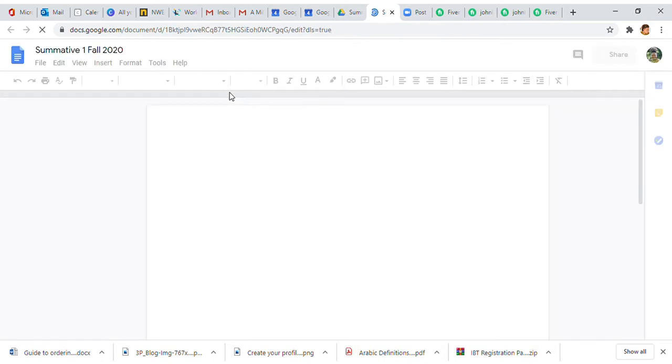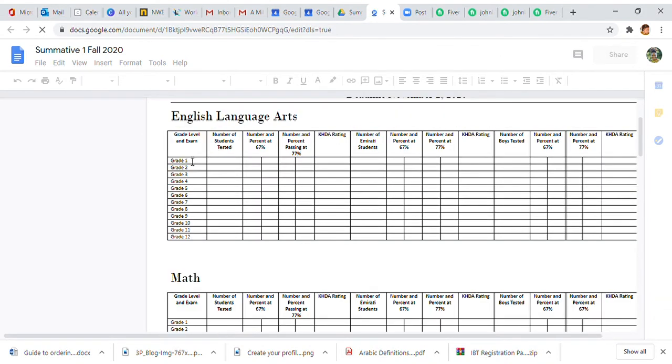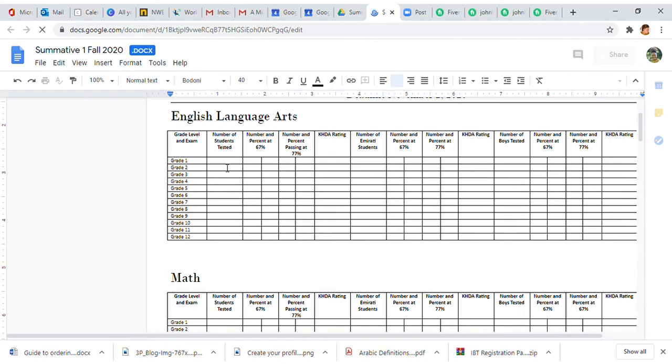You're going to come in as the HODs and you're going to give this snapshot to the assessment department. And this snapshot gives us an idea of who did what and how. So for instance, in this English language arts folder, you're going to put grade 1. You're going to put the total number of students tested. So I'm going to just say 50 for this case.